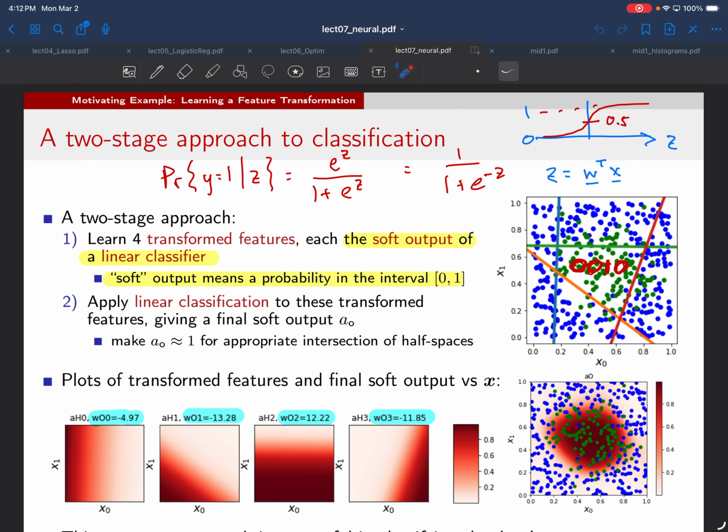And the way that we generate each of these features is as the soft output of a linear classifier. And for a visualization, for example, this is one of the 4 features. This would be the classifier decision boundary associated with that feature. And we know that when you look at the linear score on one side of the classification boundary, it's positive, on the other side it's negative, and right on the boundary it's 0.